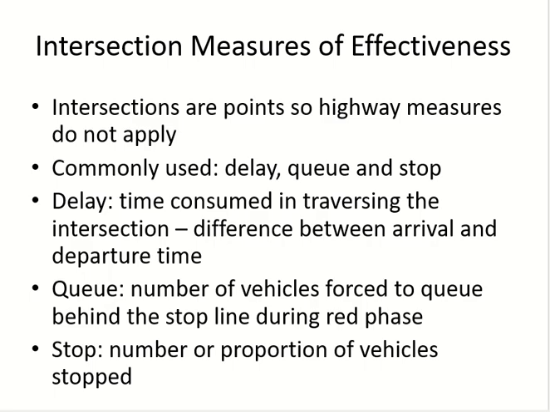For intersections, we use these three. Sometimes you use all three of them. If you use any software for traffic flow analysis of intersections, you will find all three being calculated. But if you are talking about level of service, then delay is used.